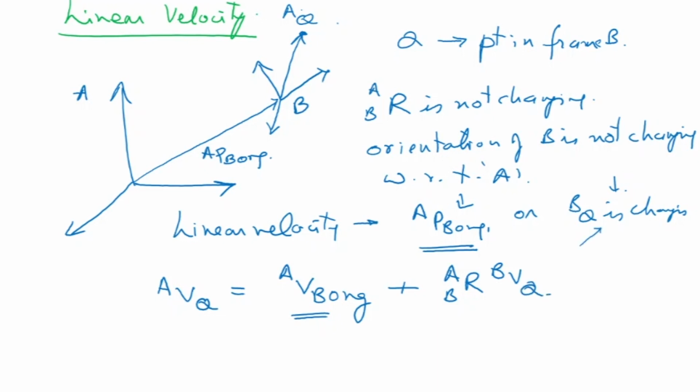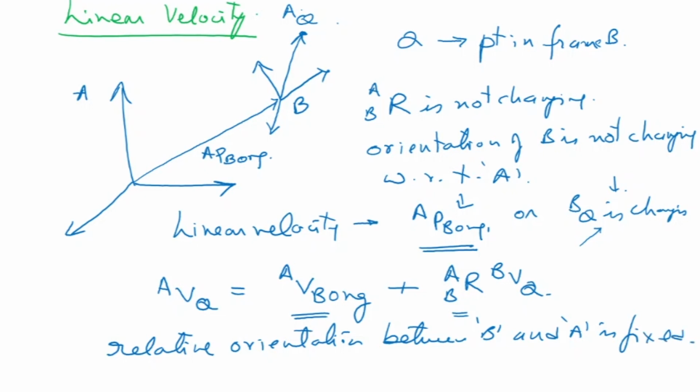So the linear velocity of the point Q can change if the distance between the origins of the two frames is changing, or if the point Q is itself moving in frame B. Okay, so we multiply that with the rotation matrix and express that in frame A. Okay, please note that the relative orientation between B and A is fixed.